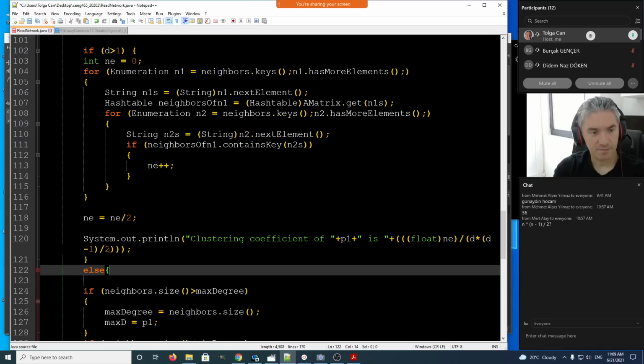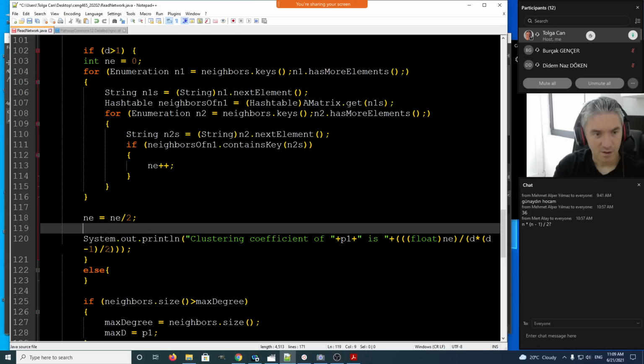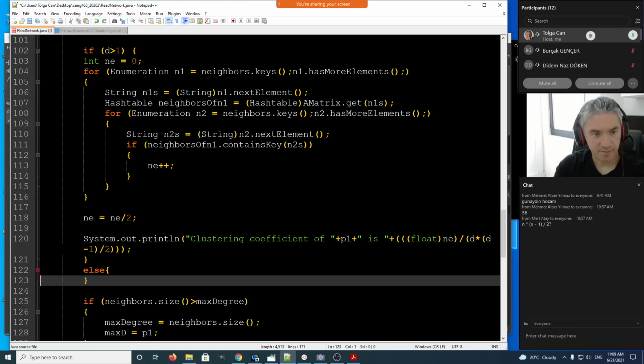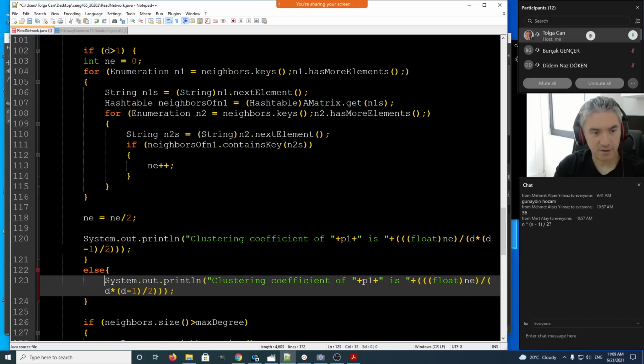Else, I can write, let me just copy this. Else, the clustering coefficient of this one is 0 because it has only 1 neighbor. I can write it like this for 1 neighbor. Once I will print some special message.